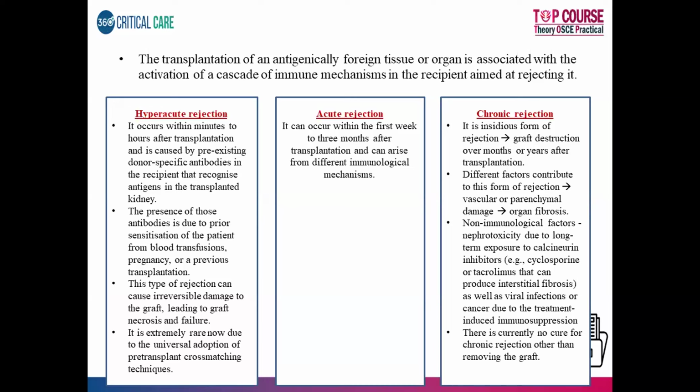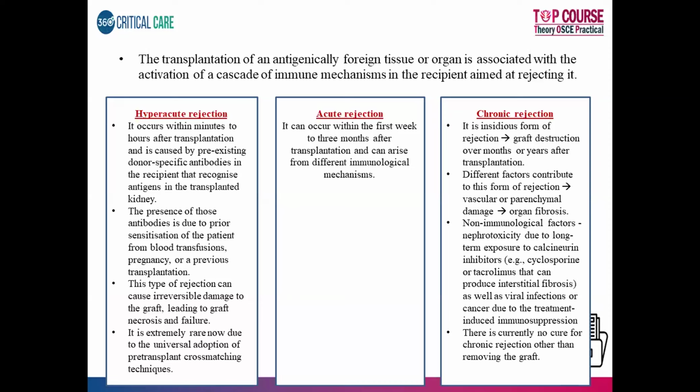Acute rejection I've already discussed. It occurs within the first week to 3 months after transplantation, and it can arise from different immunological mechanisms, that is, cell mediated or antibody mediated. Now coming to chronic rejection. This occurs months or years after transplantation.